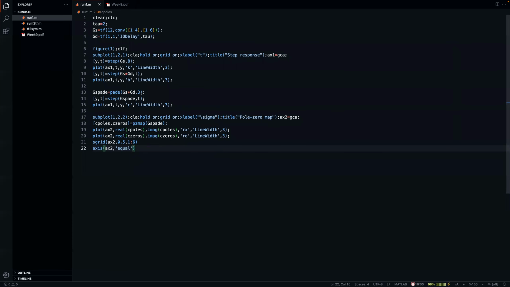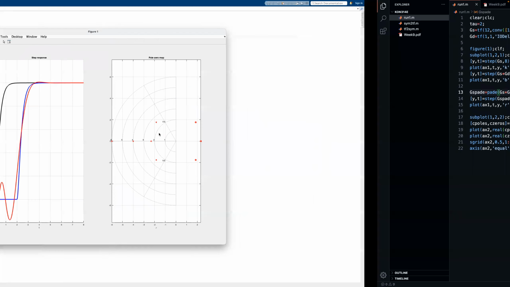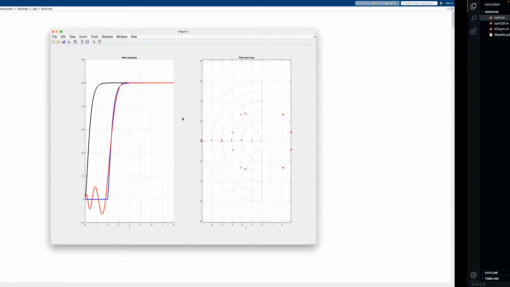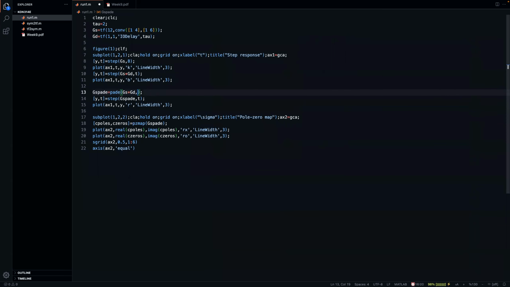Let's increase it furthermore. You can see now we have 4 zeros and 4 poles, and then we have 4 crossings. So 1, 2, 3, 4, 4 times we are crossing the 0 axis here, and the transient parts are even more promising. And this goes on like this.